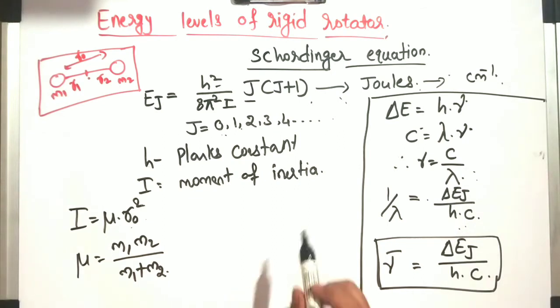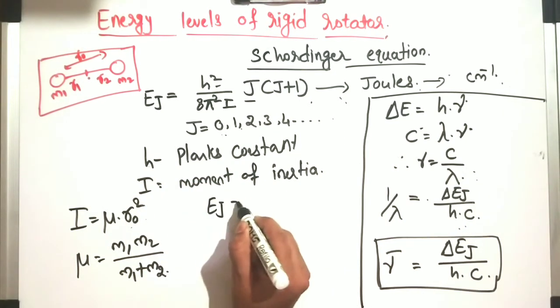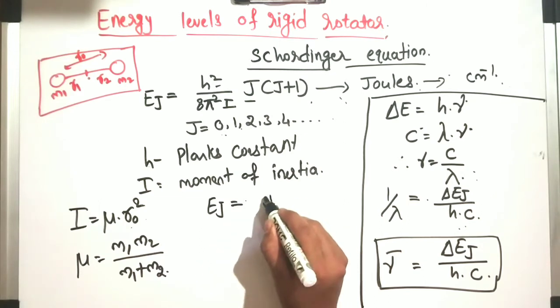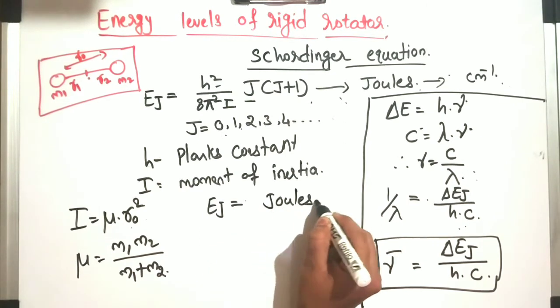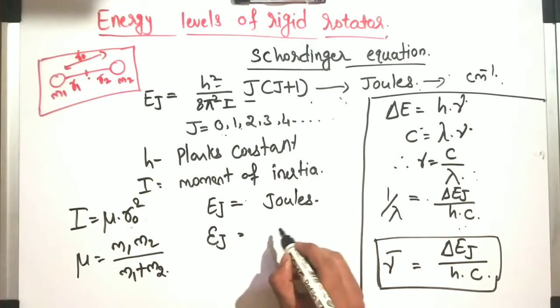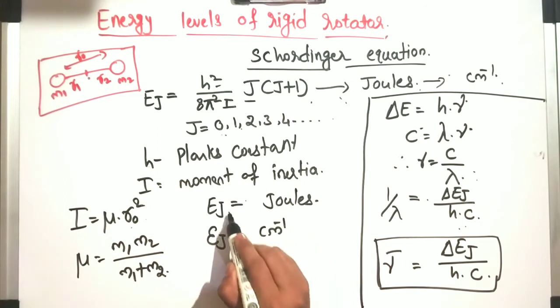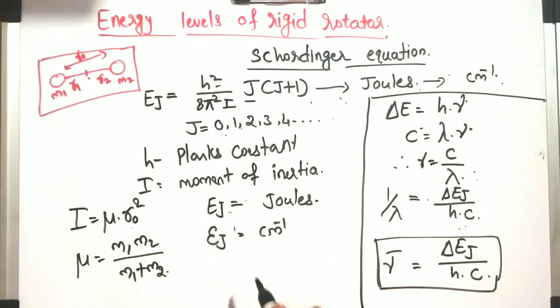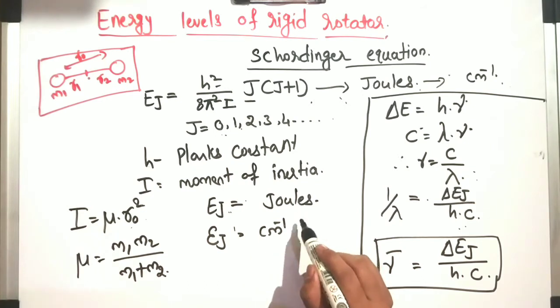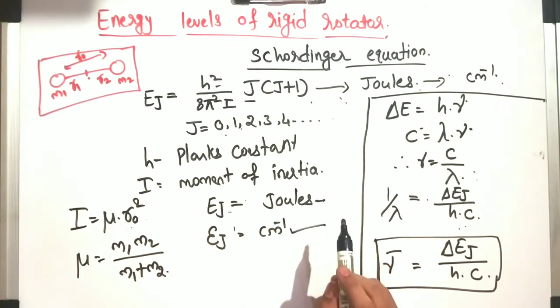Whenever I write E_J, that will be in joules. Whenever I write epsilon_J, that will be in centimeter inverse. You should compare both terms and directly know which is in joules and which is in centimeter inverse.